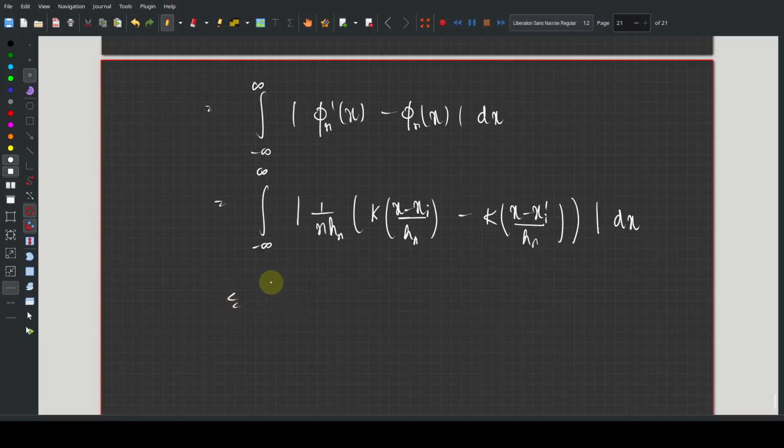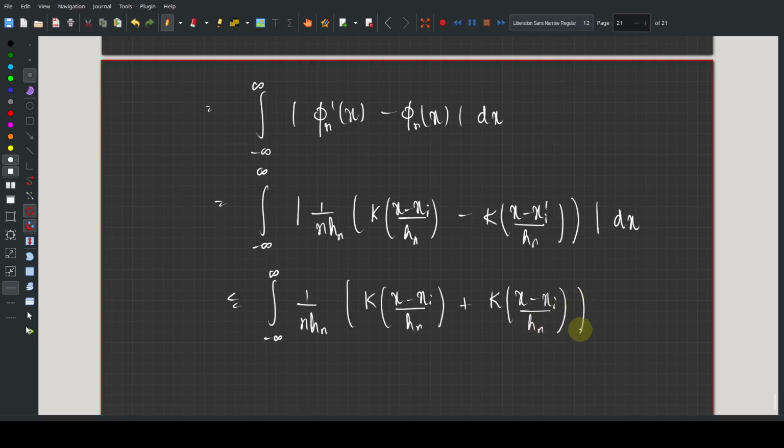So I can say that this is less than or equal to the integral from minus infinity to plus infinity of 1 by n times hn, k of (x minus xi) divided by hn plus k of (x minus xi prime) divided by hn, where I'm basically using the property that mod of a minus b is less than or equal to mod a plus mod b, and k is anyway a non-negative function.